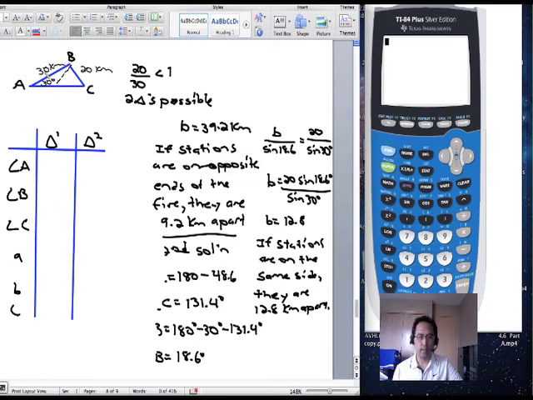So angle A is easy, because it doesn't change, so that's going to be 30 degrees. Let's fill in the stuff that doesn't change. Line segment A is always going to be 20. Line segment C is always going to be 30. And then we just use our calculations to fill in the rest of the information.